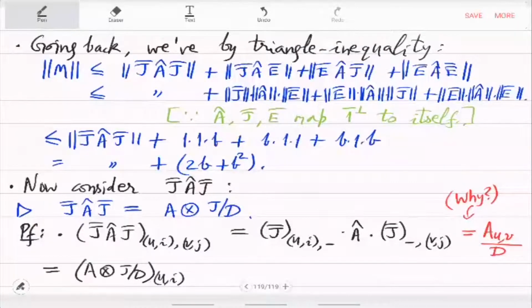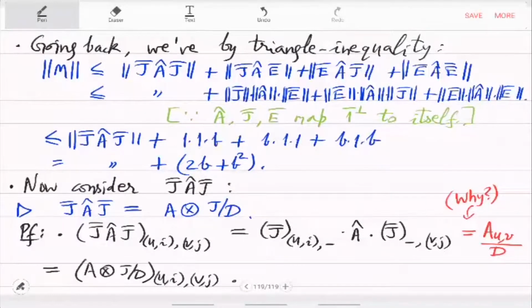So if you look at the (u,i)th (v,j)th entry of this tensor product of A with J by d, then you will see that it is just A_uv divided by d, this factor 1 by d. So remember that in this tensor product, uv is indexing A and ij is indexing J. Okay, so this ij goes away. You just get A(u,v).